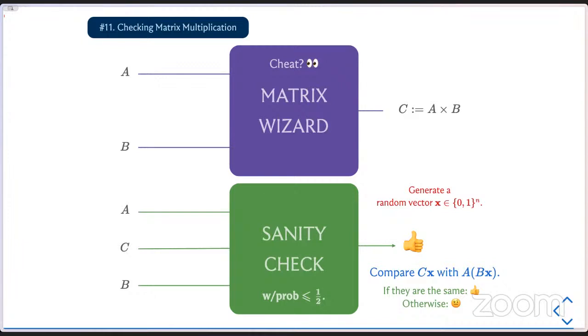So the point in response to the question in the chat was that you might as well spend this time if the hope was to speed things up by using the black box. Well, I'm not sure how to use the black box that's designed to multiply two matrices to compute things like CX.